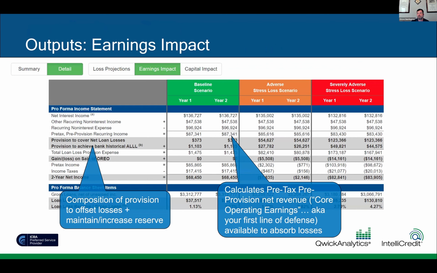And the two stress scenarios are the adverse, which is orange, and that's where you're performing worse than most of your community bank brethren did during the last credit cycle.